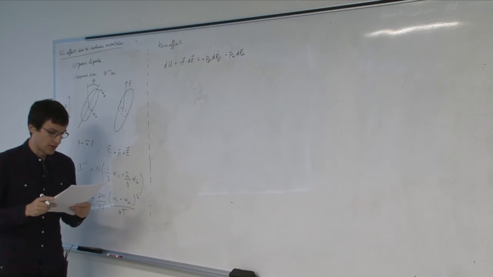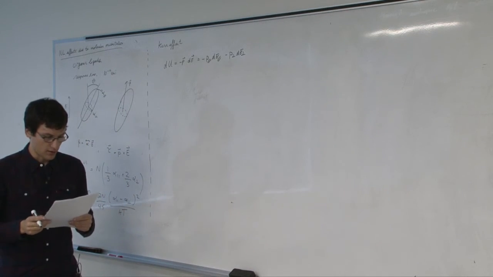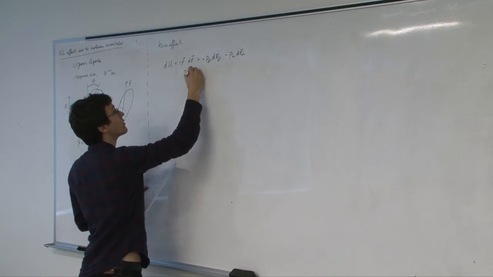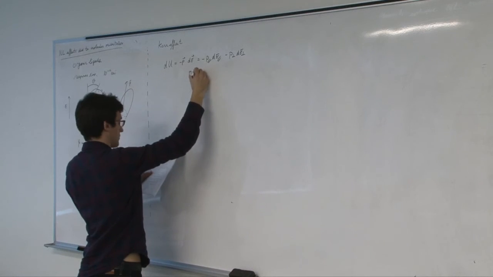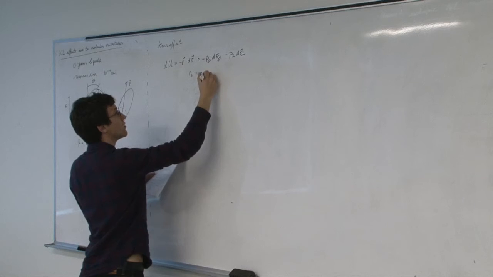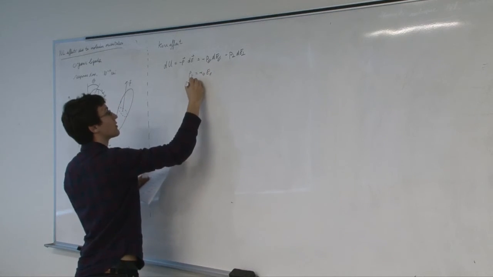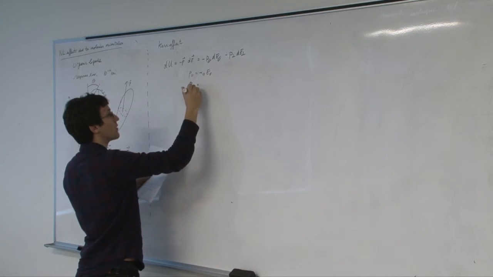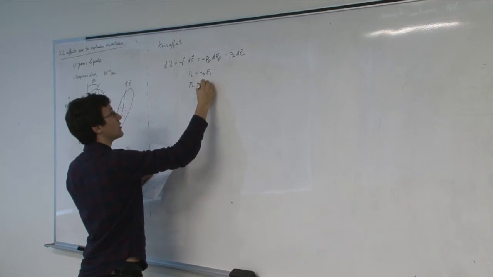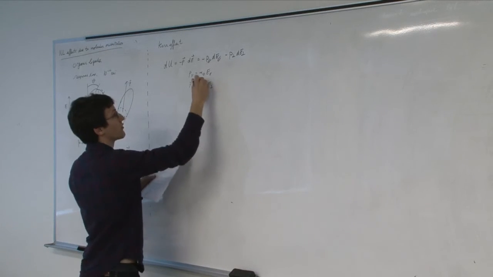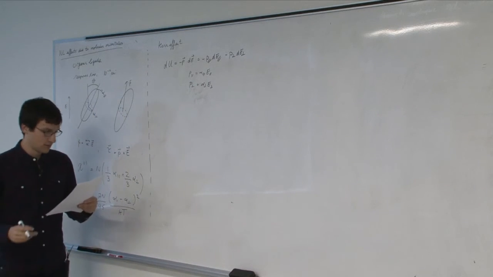So we have decomposed E into its components. It is understood that the components of the dipole moment are given by the polarizability like that.